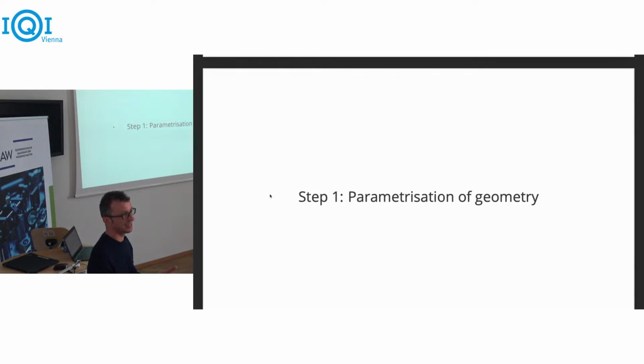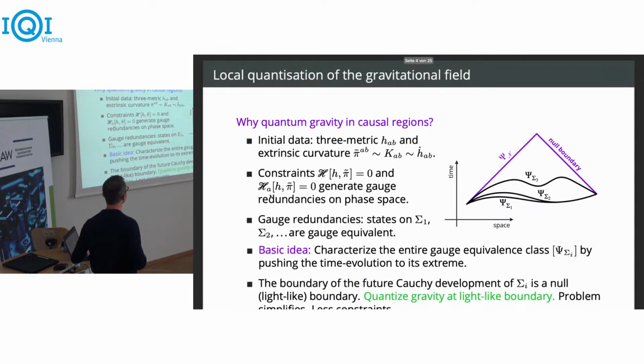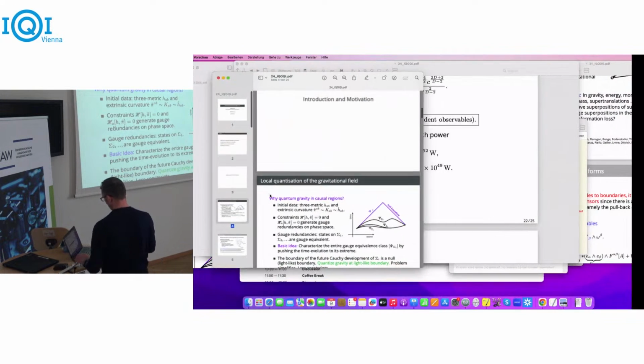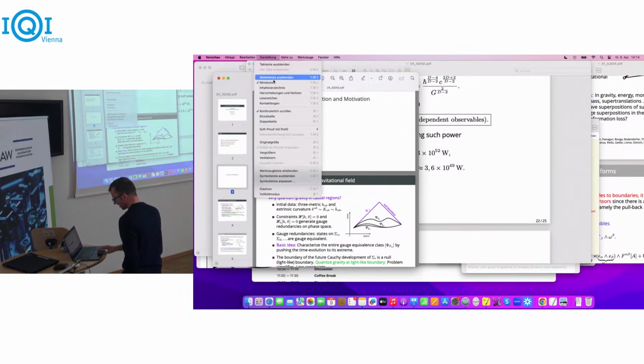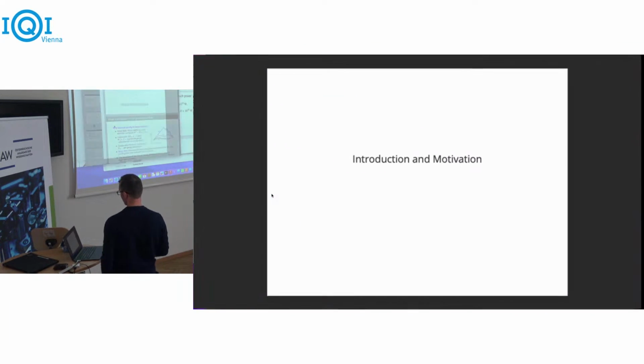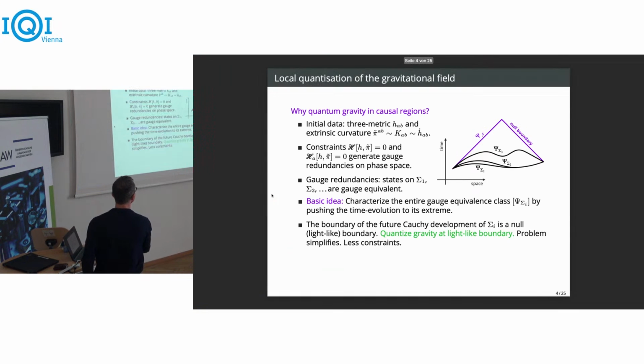You can first say, let's start out with a partial Cauchy hypersurface, define the phase space there, and quantize it, and then within the quantum theory take the limit to infinity, to null infinity.